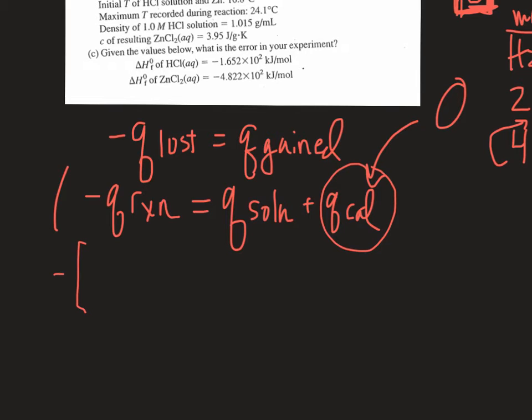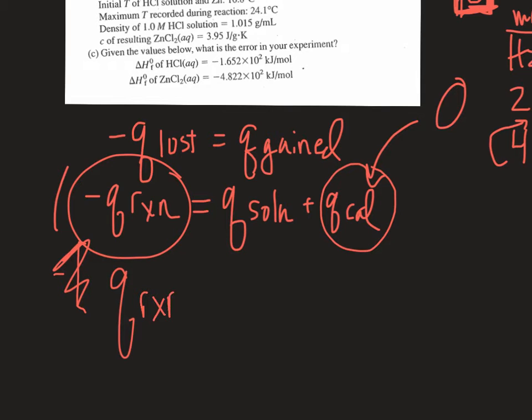This could get a little messy in one equation, so here's what I think we're going to do. We're just going to solve first for Q reaction. Q reaction is a little different than how we're going to conceive of it in the calorimeter.